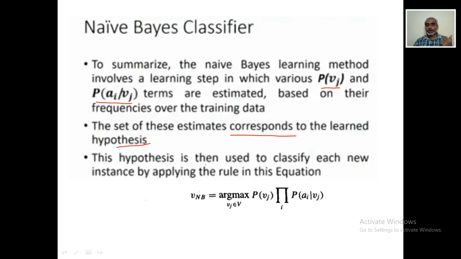This hypothesis is then used to classify a new instance. What is the equation for the naive Bayes classifier? VNB is equal to argmax, where after finding the entire term, whichever is maximum, based on that you classify. Argmax of Vj belonging to capital V, probability of Vj times the product of probability of Ai given Vj for all the attribute values i.